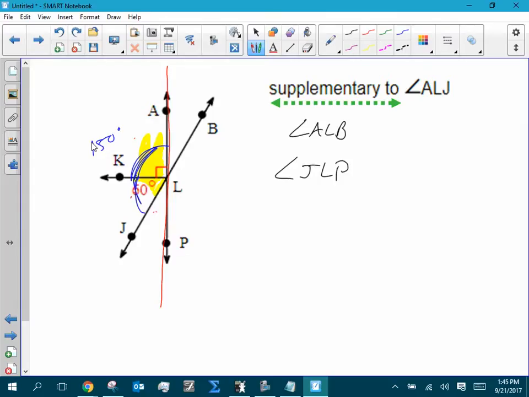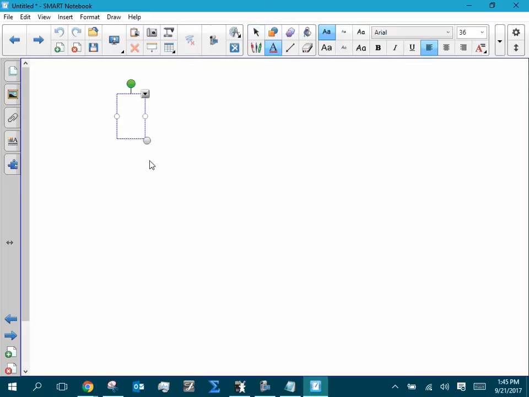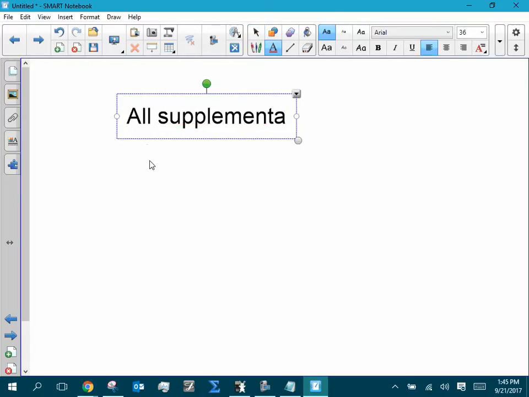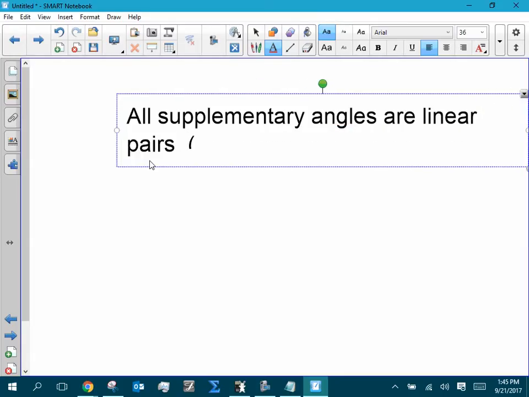One thing I ask you tomorrow, a question that is on tomorrow's test, is phrased true or false? Come on. True or false? All supplementary angles are linear pairs. True or false? True. All supplementary angles are linear pairs.